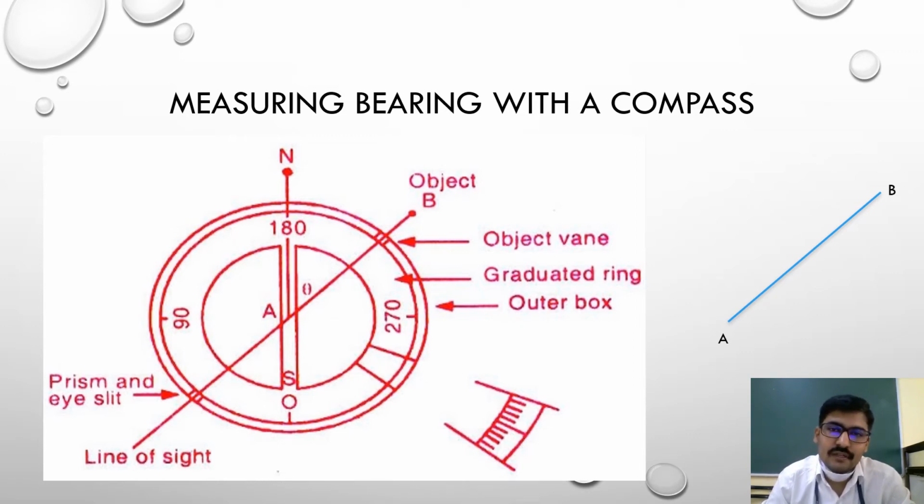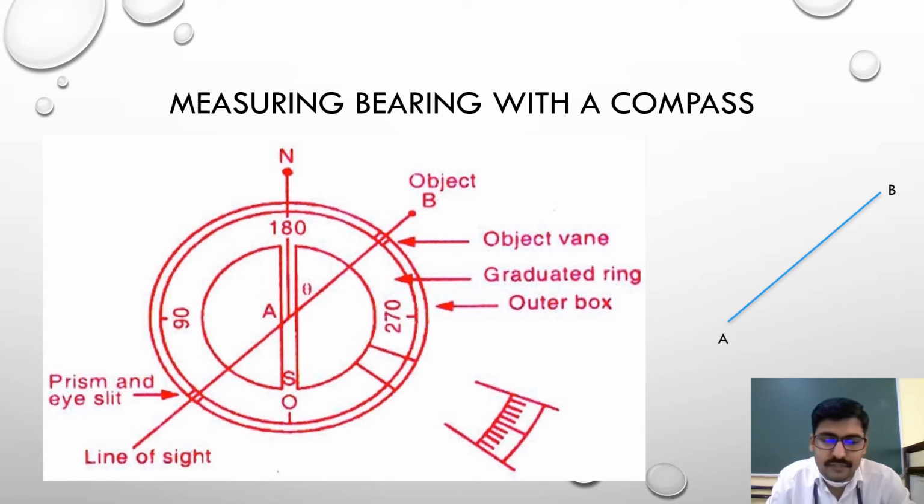So the minimum angle which can be measured with the help of a compass is 30 minutes, or nothing but the accuracy of the compass is 30 minutes. Half of a degree can also be measured with this. Clear? So this is how the angle is measured with the help of a compass, right?